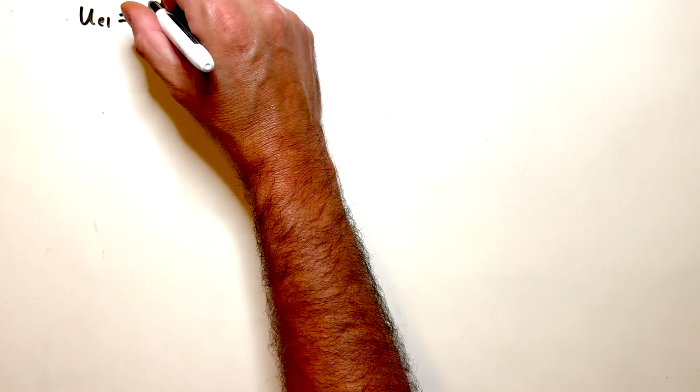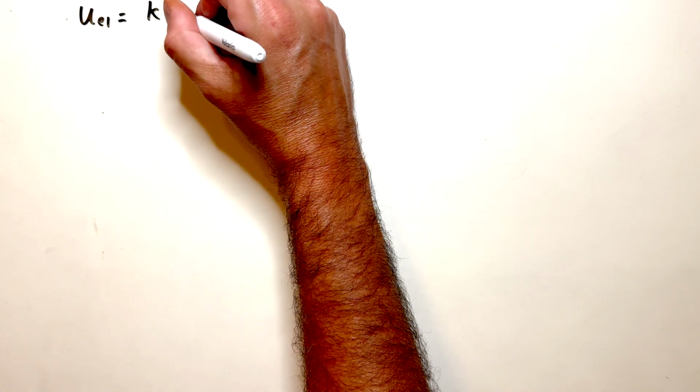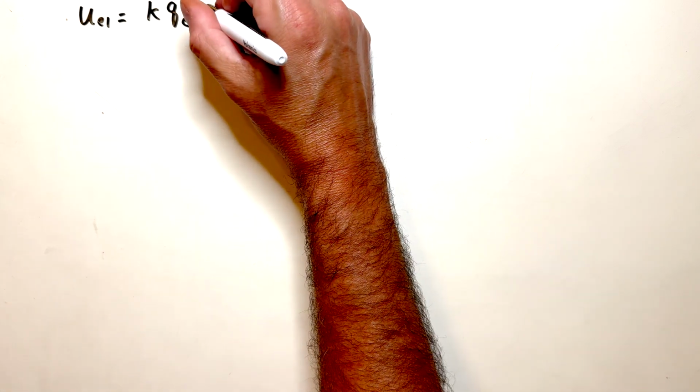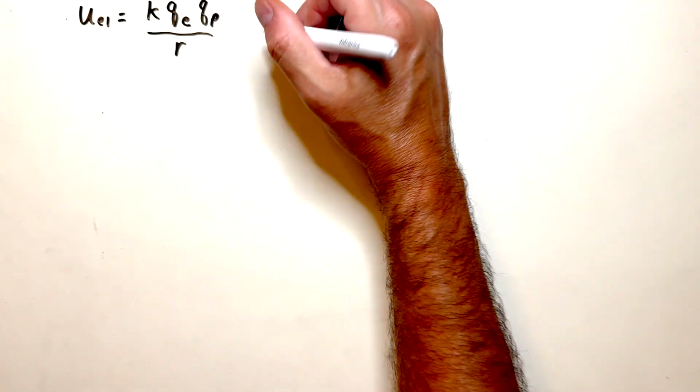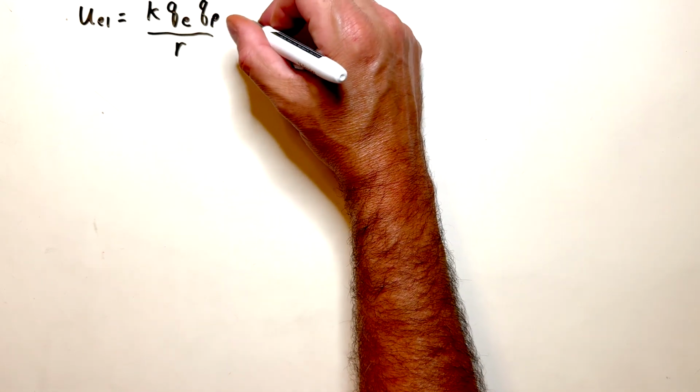That's going to be K Q, I'll write it as Q sub E for electron times Q sub P for proton over, we'll just write R for the radius of separation.